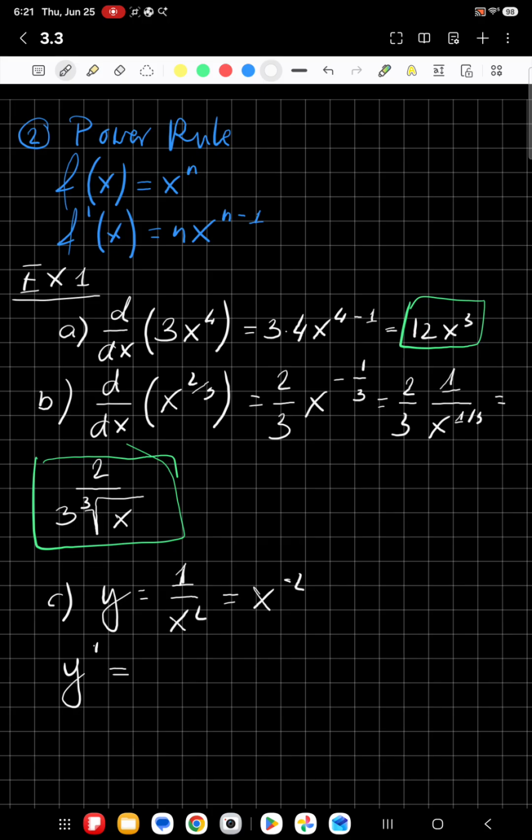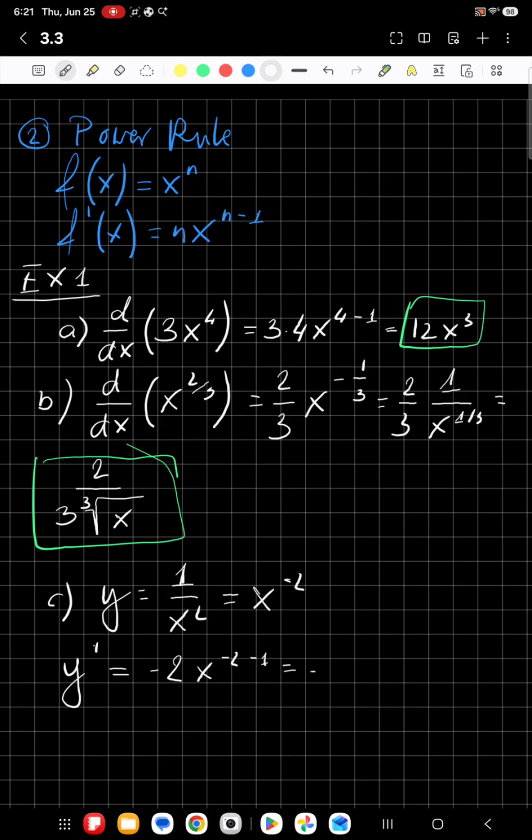So now I'm going to write here negative 2, taking this negative 2 to the front. And then we have x to negative 2 minus 1, I'm subtracting 1.